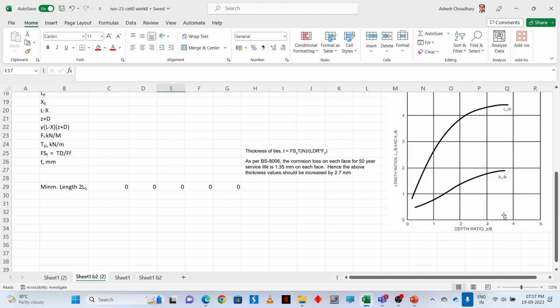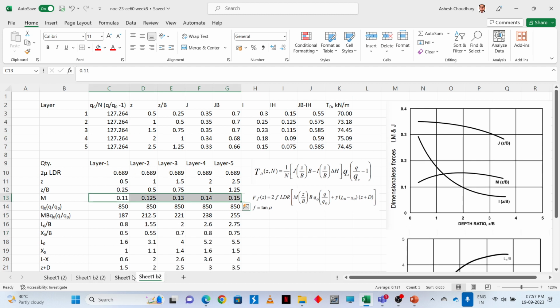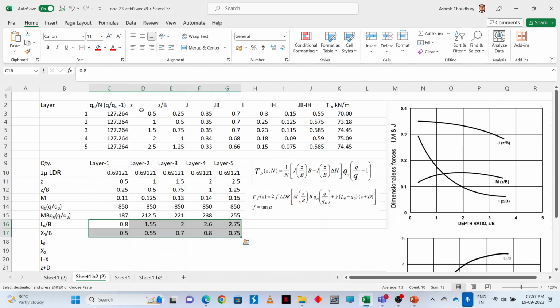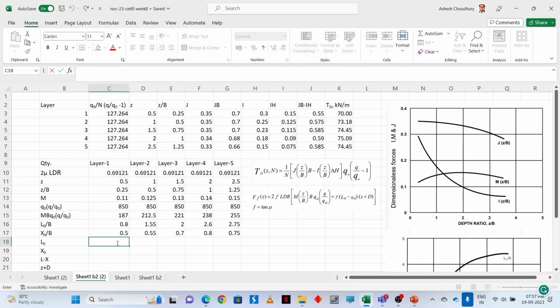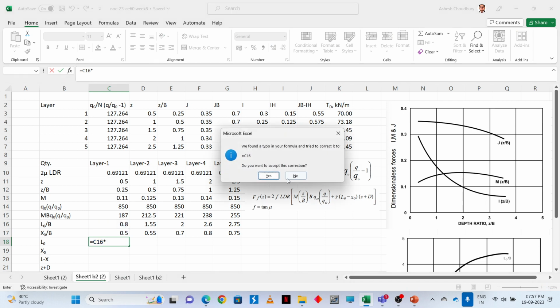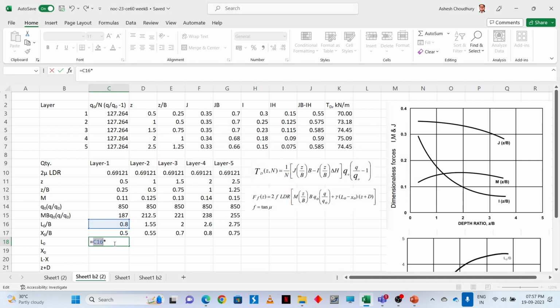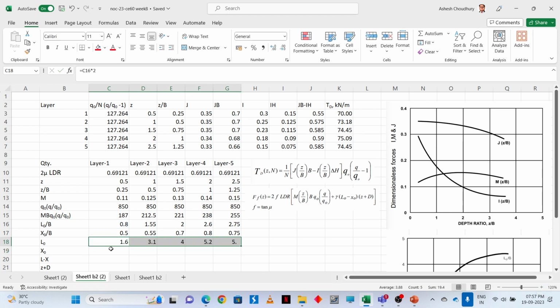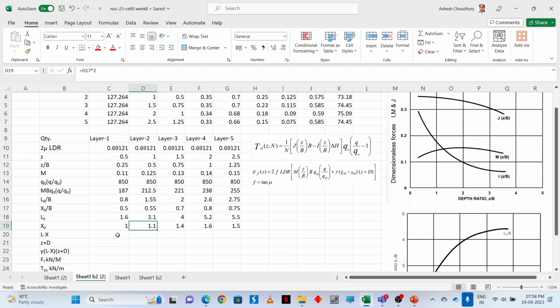Done. Now L naught by B. Again for all Z by B's, new Z by B's, you need to get this L naught by B and X naught by B. So I'll just copy the values from here. These are all approximate values. Just check yourselves once. Okay. What value are you getting? So L naught will be what? L naught by B times B 2. Same. Okay. So L naught X naught you got.